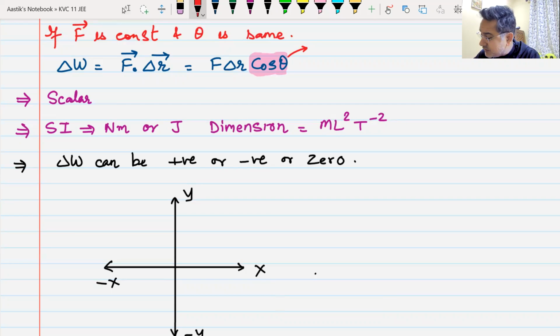How does it decide? If theta is acute, meaning the angle between force and displacement is acute, then cos theta would be positive and work done would be positive. If this theta is obtuse, work done by this force will be negative.